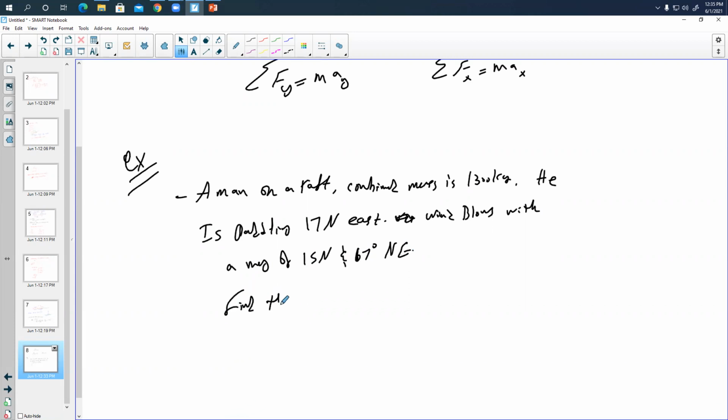Find the acceleration in the y direction and the acceleration in the x direction.